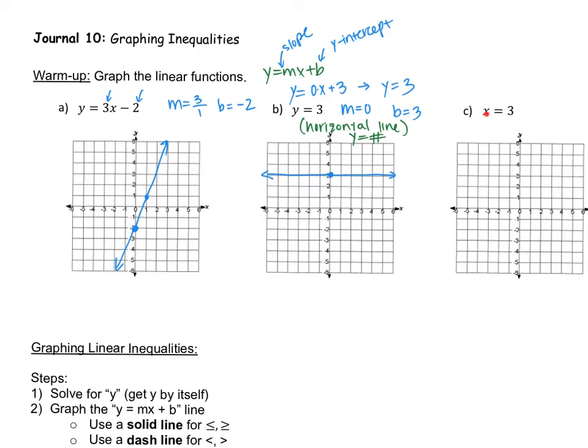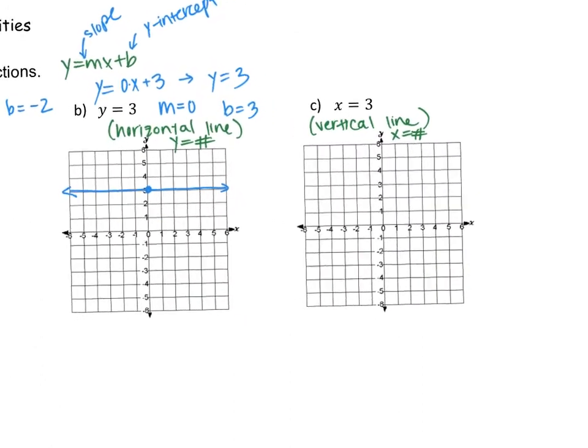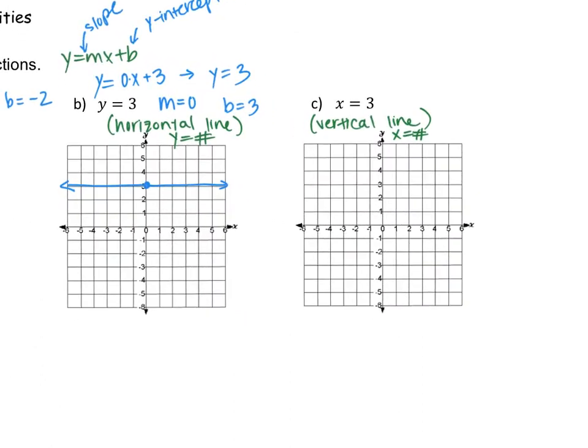Whereas if you have x equals some number, this is the complete opposite. This is going to be graphing a vertical line. So when x equals some sort of number, you're drawing a vertical line. So let's move that graph over just a little bit. So we're going to be graphing this x equals 3 on the x-axis at x +3.